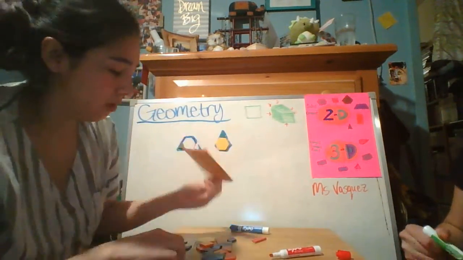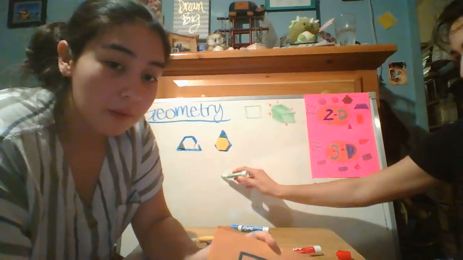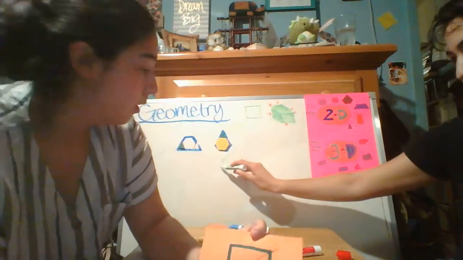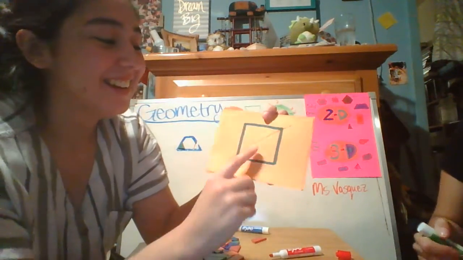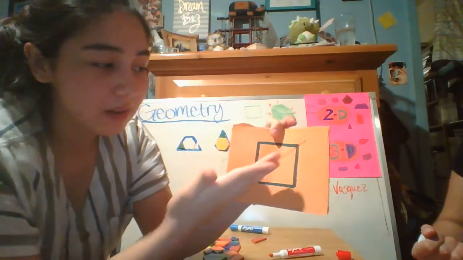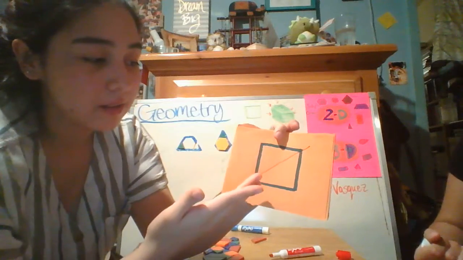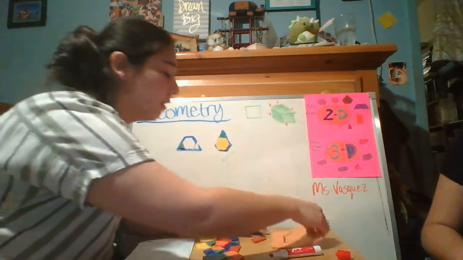For example, students will receive a worksheet and they would be completing this, and for example, we have a square and we would cut across it diagonally and we would have our 2 triangles. Right here, go Lori.